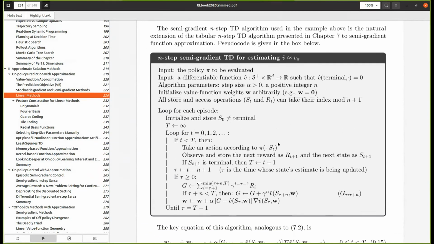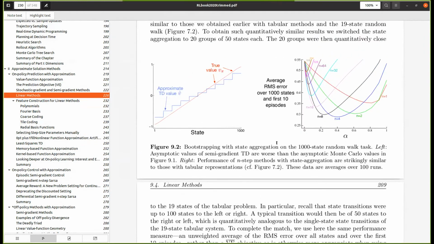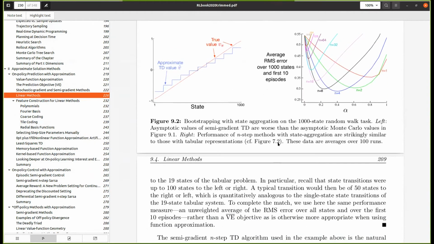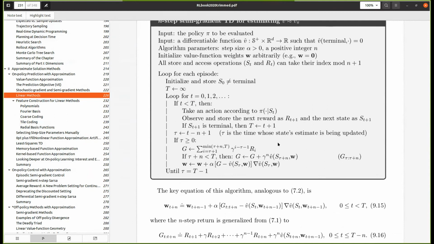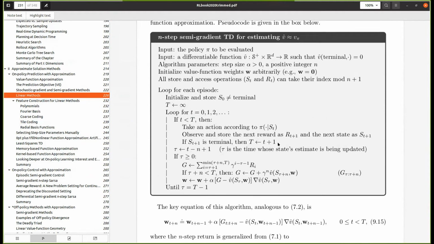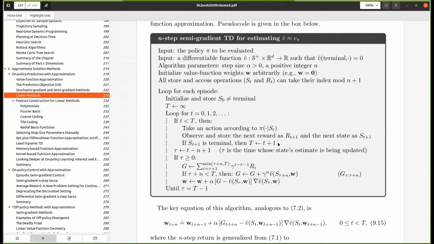So here, yeah, we discussed this figure, and now here is an algorithm for n-step semi-gradient TD.